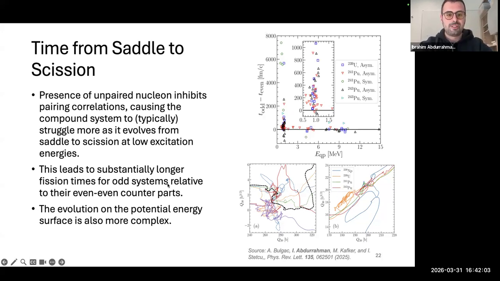So it seems like this also relates to why it takes longer for the system to actually eventually separate and reach scission. So this is interesting that when you have one unpaired nucleon, the evolution becomes so much more chaotic.